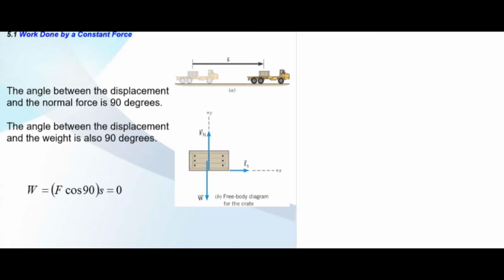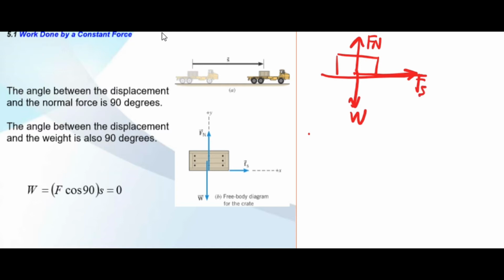So the angle between the displacement and the normal force is 90 degrees. Let us try to elaborate this problem. If this is the crate on the truck, we have the weight, the normal force, and the frictional force going in this direction, static friction.